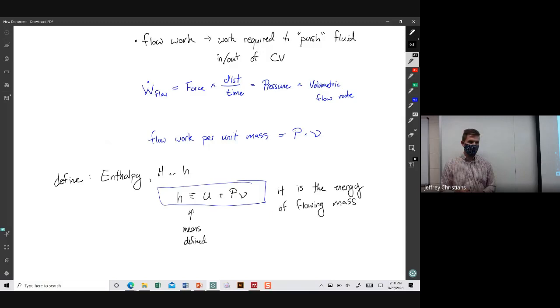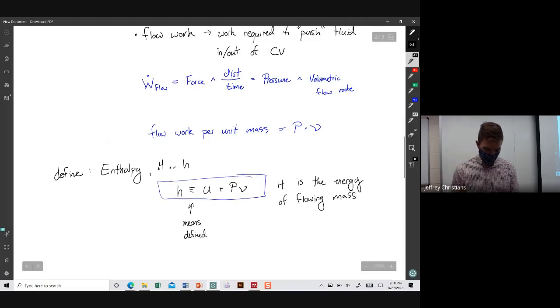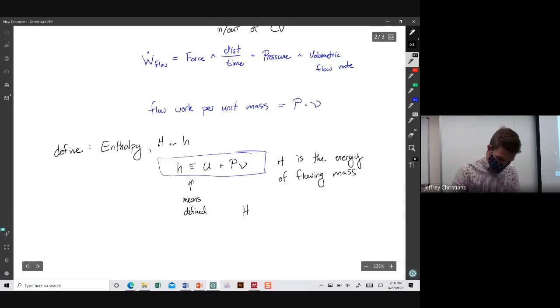So you can't use that equation to find the uppercase H, or can you still use that? You'd use it to find uppercase H, right? Uppercase H equals m times lowercase h.